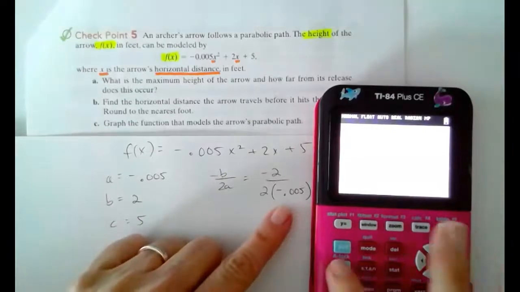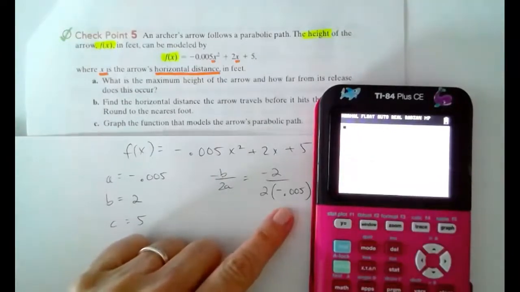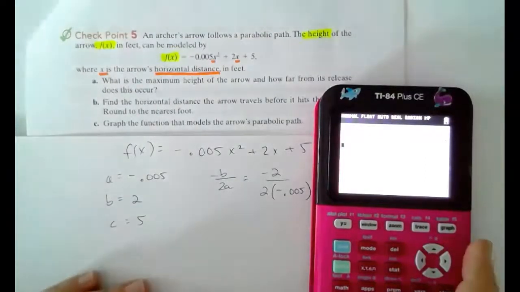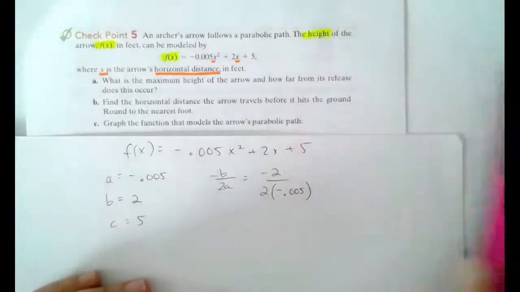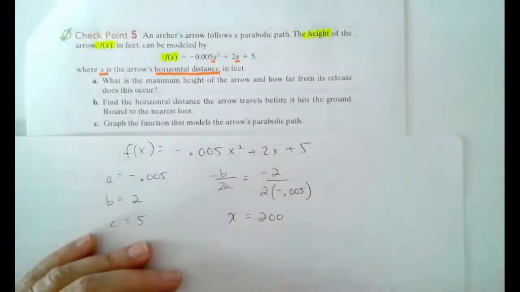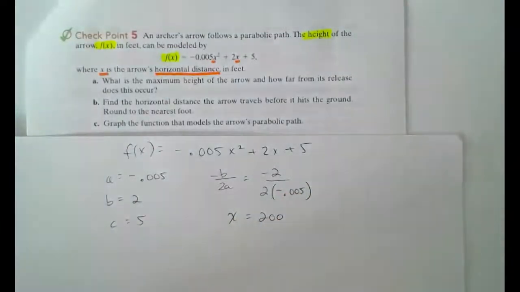So we've got a fraction, and it is negative 2 over 2 times negative 0.005. So here's our fraction, and when we evaluate, we get 200. So the x-coordinate of our vertex, x equals 200. That's what we got when we plugged in our B and A into the vertex.